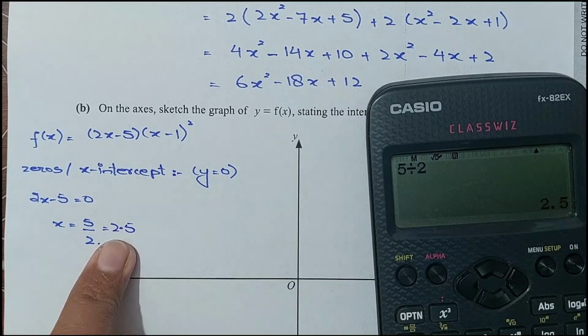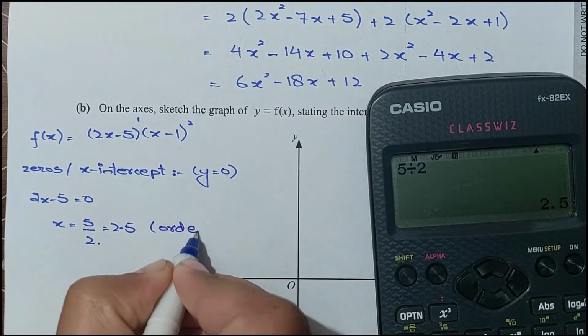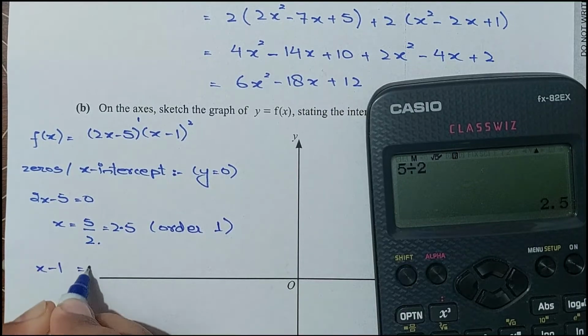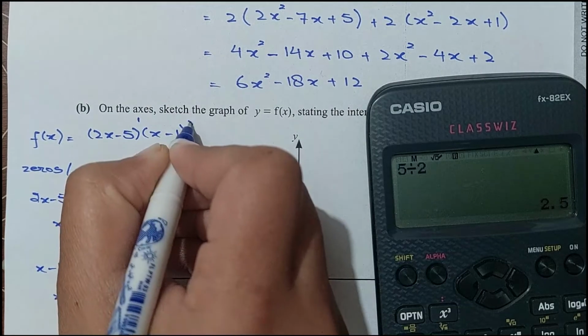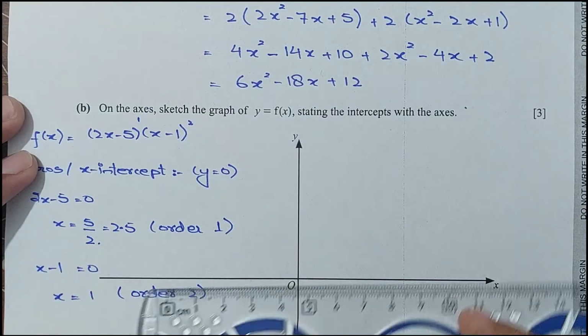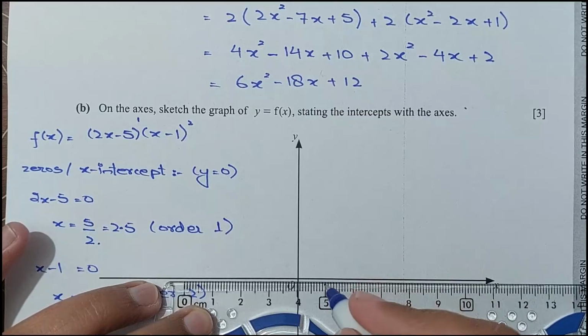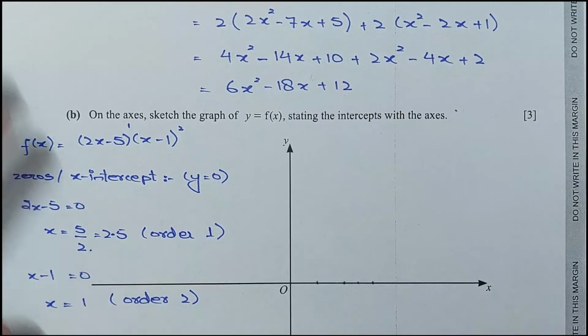This is a zero of order 1, because its power is just 1. Next is x minus 1 equals 0, so x equals 1. This is a zero of order 2 because its power is 2. Now let me label the intercepts: this is 1, this is 2, this is 3, and this is 2.5.